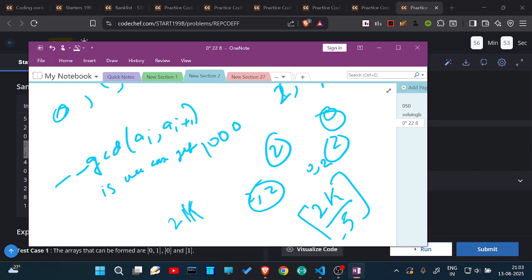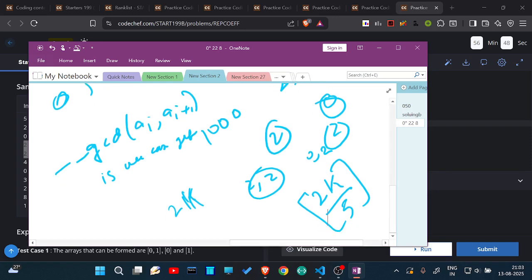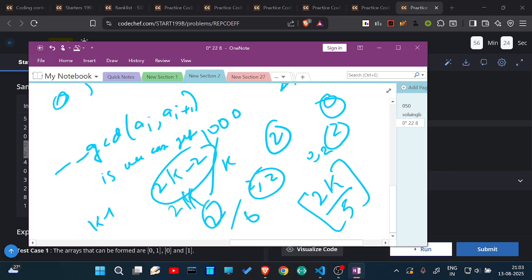Okay, so what is the modular community used to? Until say 6k minus 1. So 2 into k minus 2, you can get a modulo. Then you cannot make any progress.